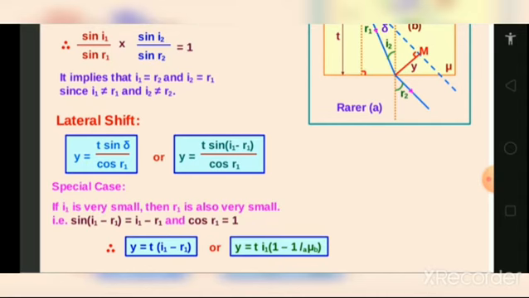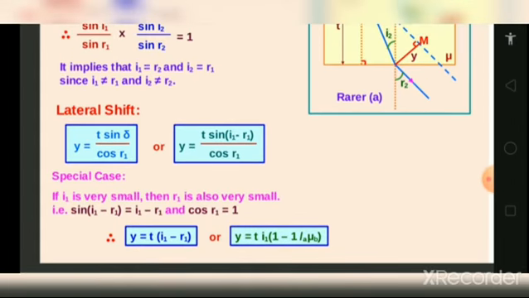But the special case is when I is very small, then R1 is also very small, that is sine I1 minus R1 is equal to I1 minus R1, and cos R1 is equal to 1, which will give you y is equal to t (I minus R), or y is equal to t I1 (1 minus 1 upon mu).